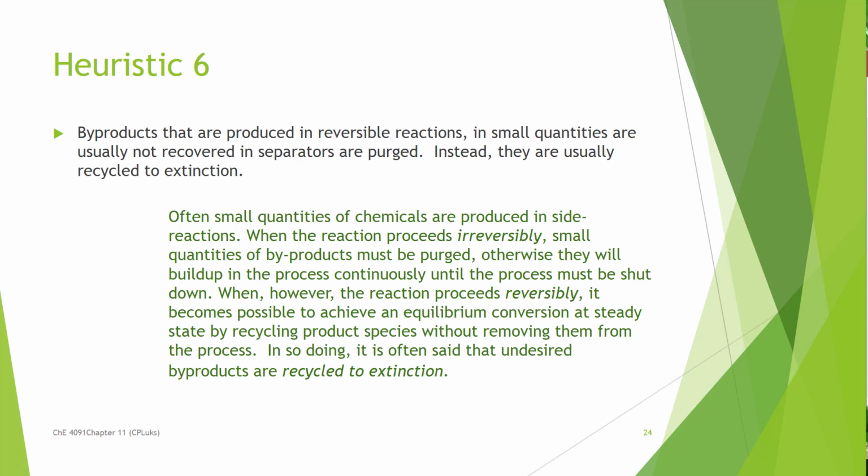Heuristic 6 says byproducts that are produced in reversible reactions in small quantities are usually not recovered in separators. These will be purged, but they can be recycled to extinction instead of purging. So if it's produced in a side reaction, you can send it back into a recycle.